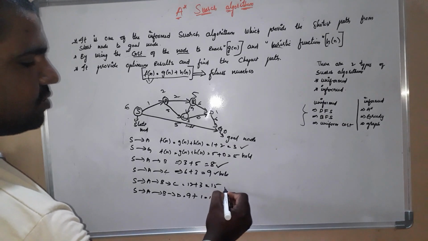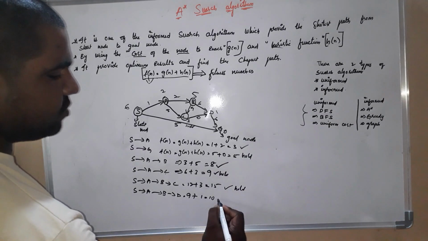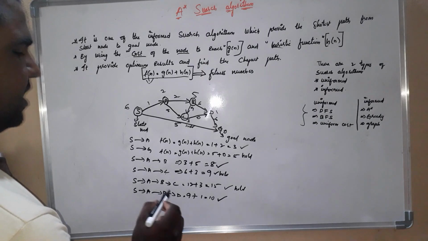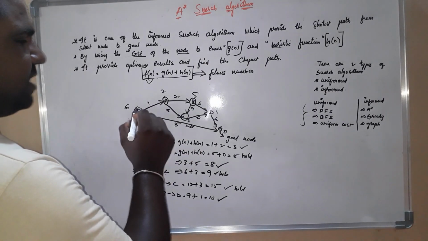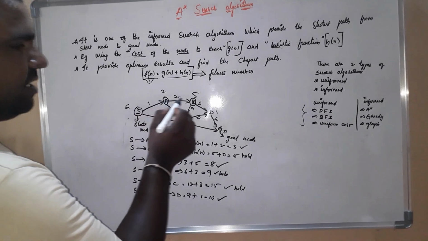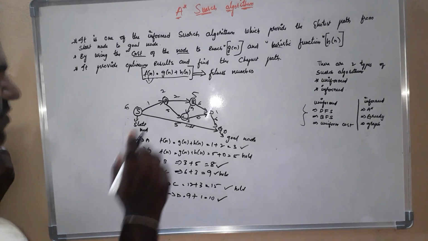This one is bigger than this now, so we have to hold this and proceed with this. SABD has one possible, SABD and G. There is only one possible, so we will go with that.